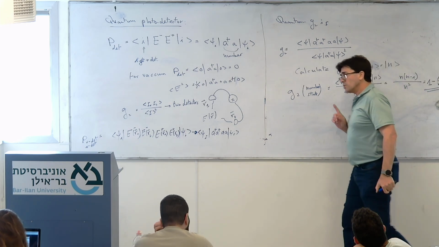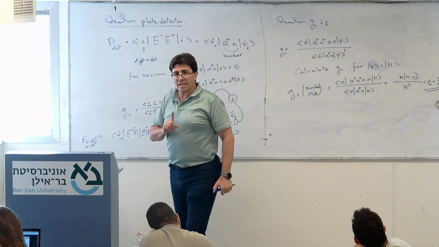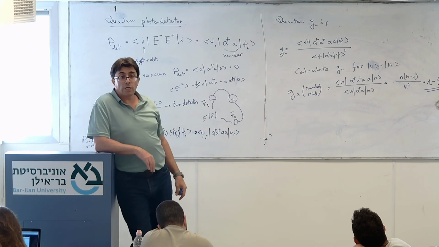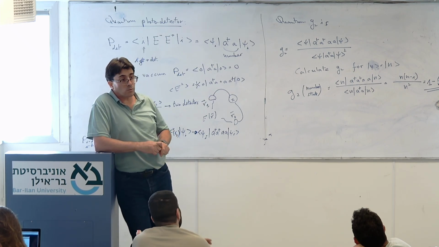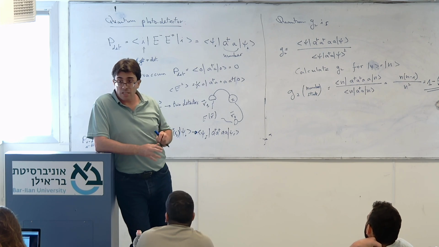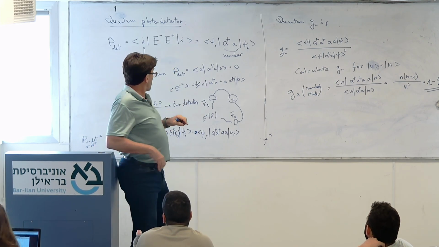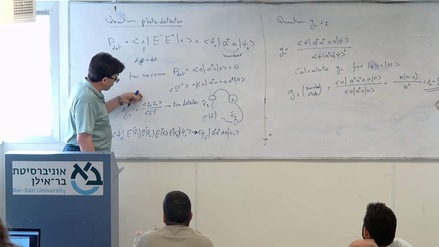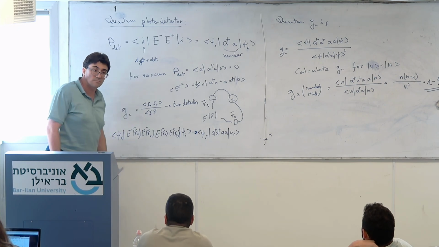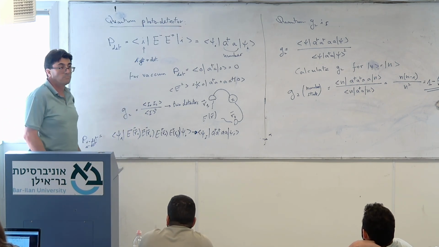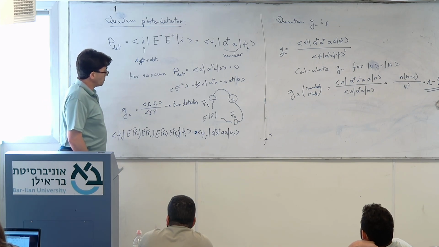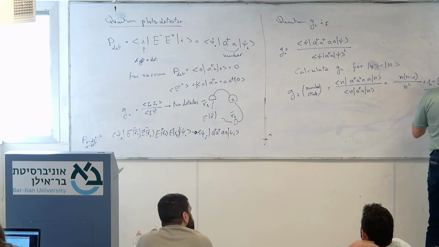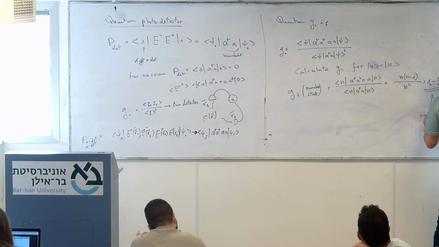So first of all, number states are non-classical. Why? They have g2 less than 1. If you remember, classically g2 could only be larger. Classically, the Cauchy-Schwarz inequality tells you that the top must be bigger than or equal to the bottom. So that immediately says non-classical.